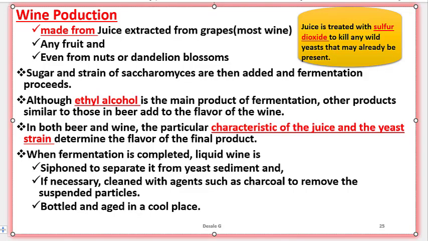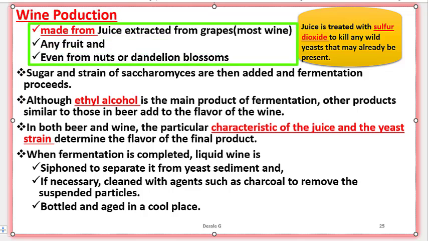The second form of alcohol production is wine production. Wine production or winemaking is a process of transforming grapes or other fruits into wine through fermentation. That means wine is made from juice extracted from grapes, any fruit, and even from nuts and dandelion blossoms.